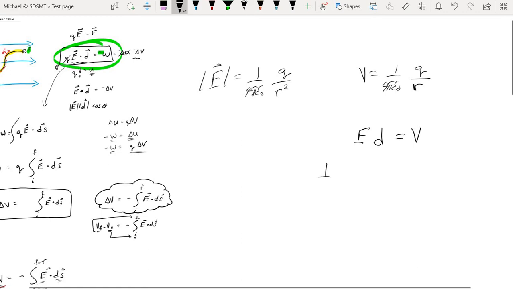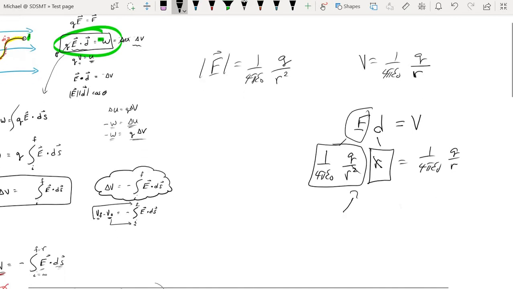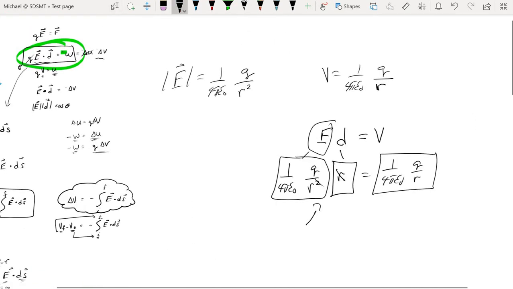Well, our electric field was kq over r squared, so that's E, and then d was how far we had to travel to get away from the charge itself, but that was r. And so then we get kq over r. And you might be thinking, well, that was way easier to do and to set up to find the electric potential of a point charge. Couldn't we have just done that?